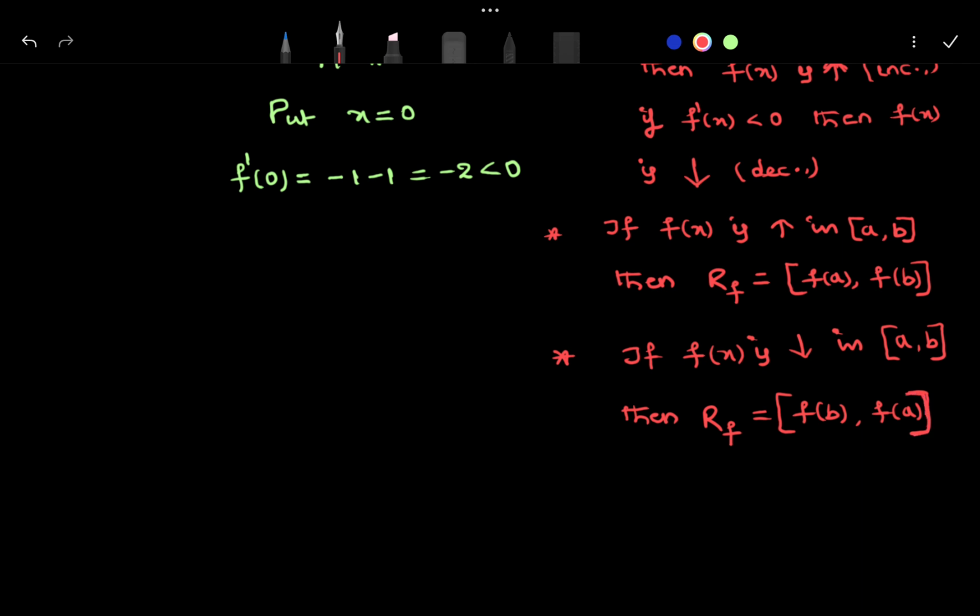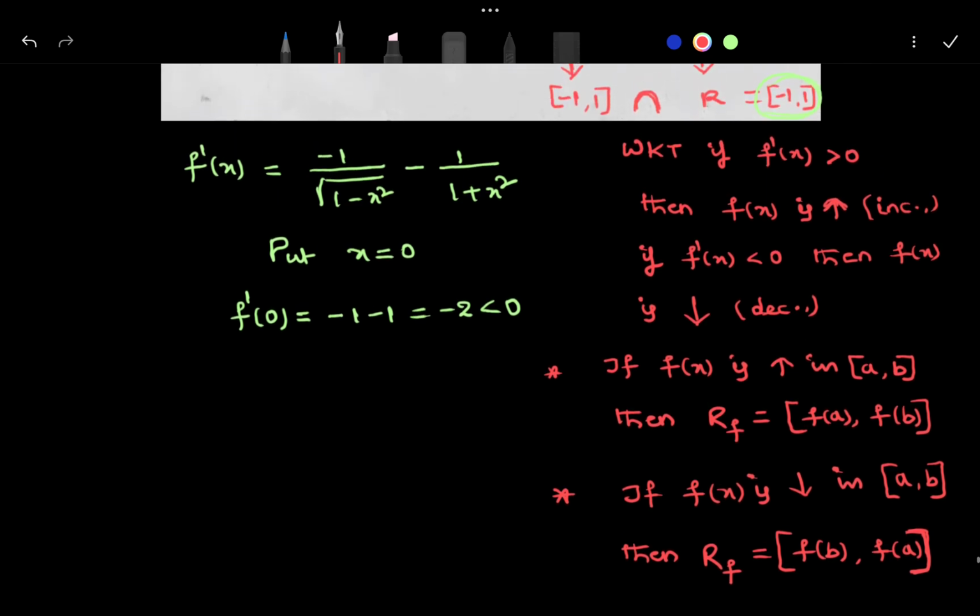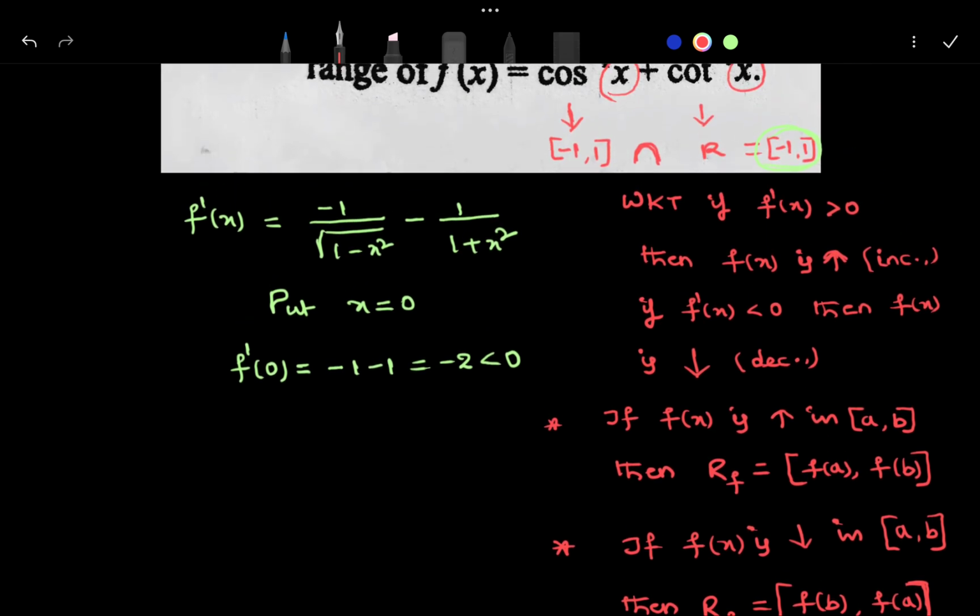According to this, here you can observe that f dash of x is less than 0. Less than 0 means, therefore, f of x is decreasing in the closed interval minus 1 comma plus 1. What is the meaning of minus 1 comma plus 1?